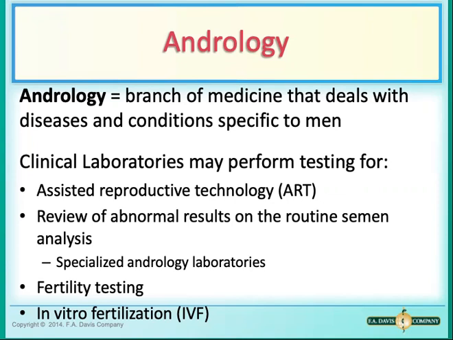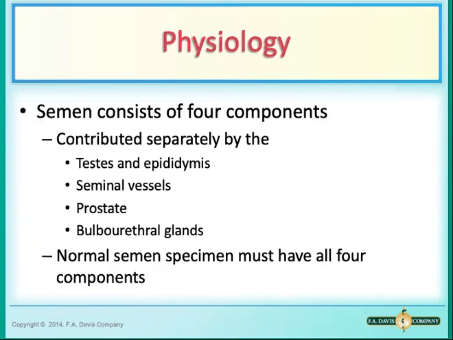Clinical laboratory personnel are actually also employed in specialized labs like andrology laboratories, and they do perform both routine and specialized testing. Okay, so let's talk about the physiology of the male reproductive system.